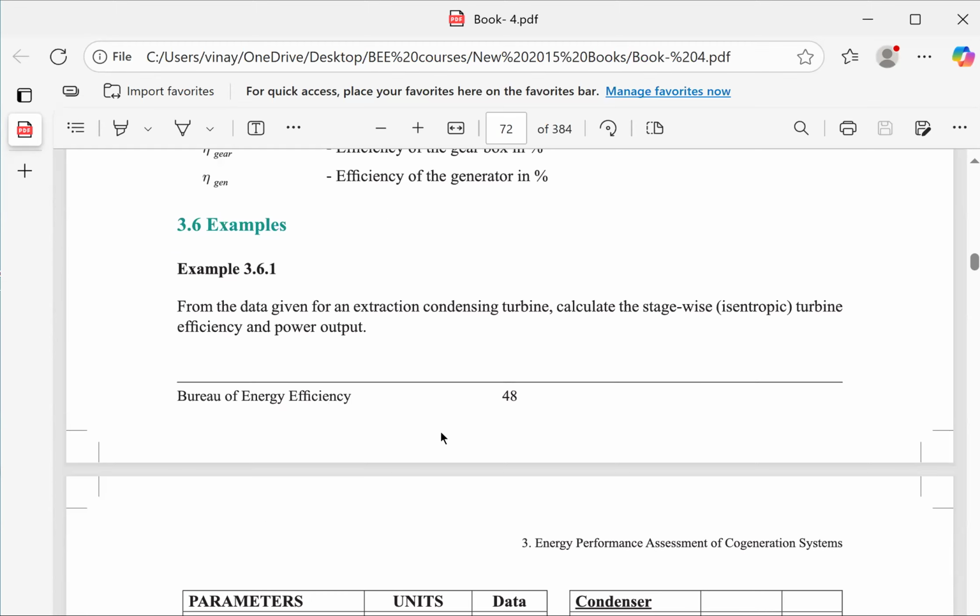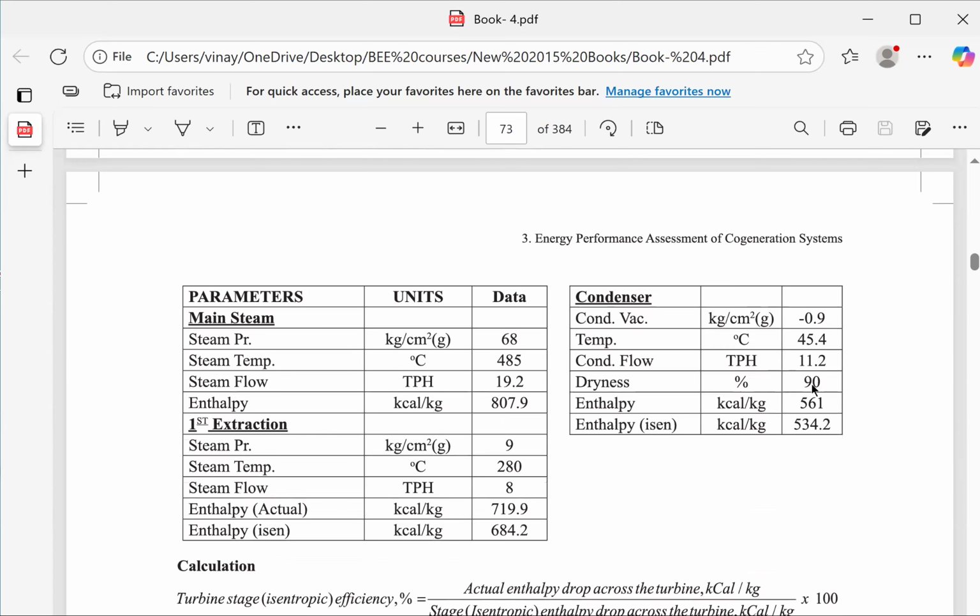Now, the same example, which I have explained conceptually, is given here. Example 3.6.1. From the data given for an extraction condensing turbine, one extraction and condensing, calculate stage-wise isentropic efficiency and power output. See, the parameters are given.